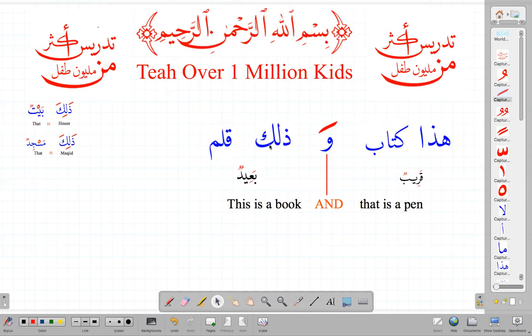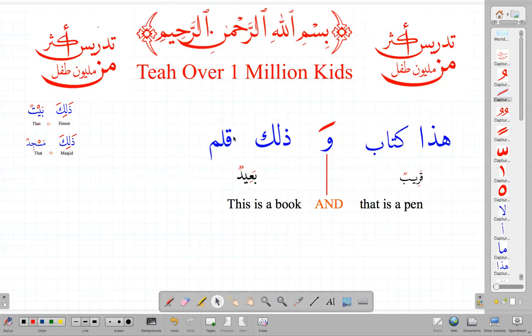We have a sentence with 5 words now. Because we introduced wa, we can do a sentence of 5 words so far. هذا كتاب وذلك قلم. This is a book and that is a pen.